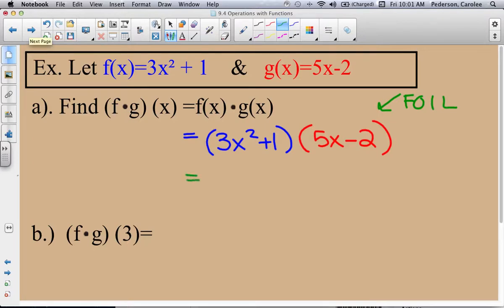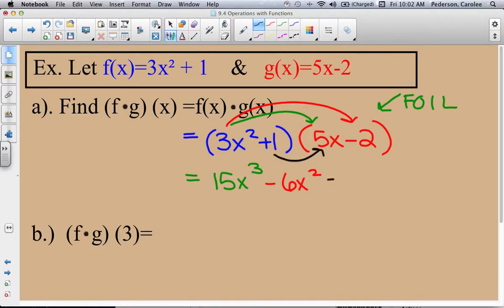We've had a lot of practice with this. So 3x squared times 5x is 15x to the third. Then, outside, 3x squared times negative 2 is negative 6x squared. Then we go to the inside. 1 times 5x is 5x.